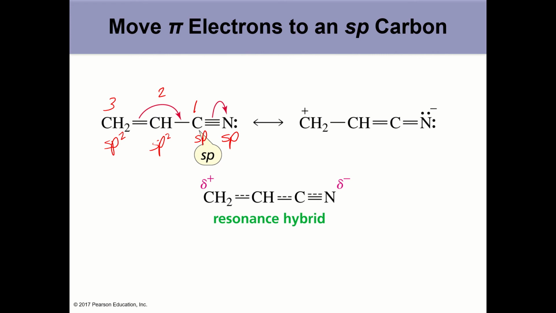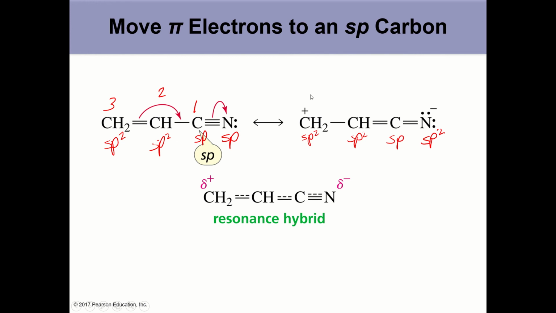And when we draw our resonance contributor shown by the arrows given, we get sp2, sp2, sp, and sp2 from the way that the electrons moved.